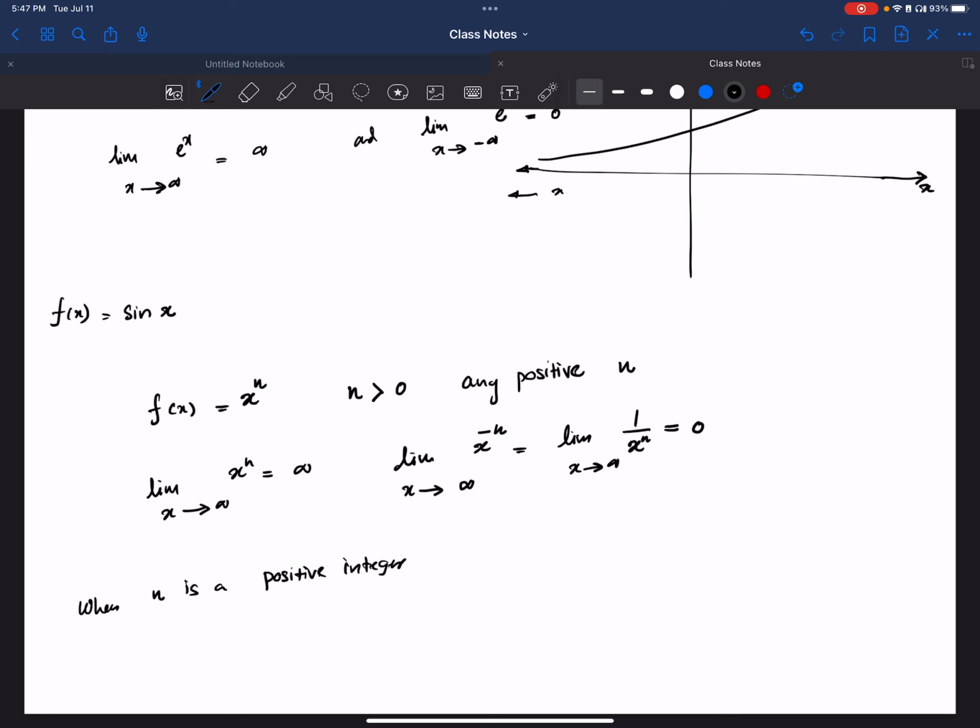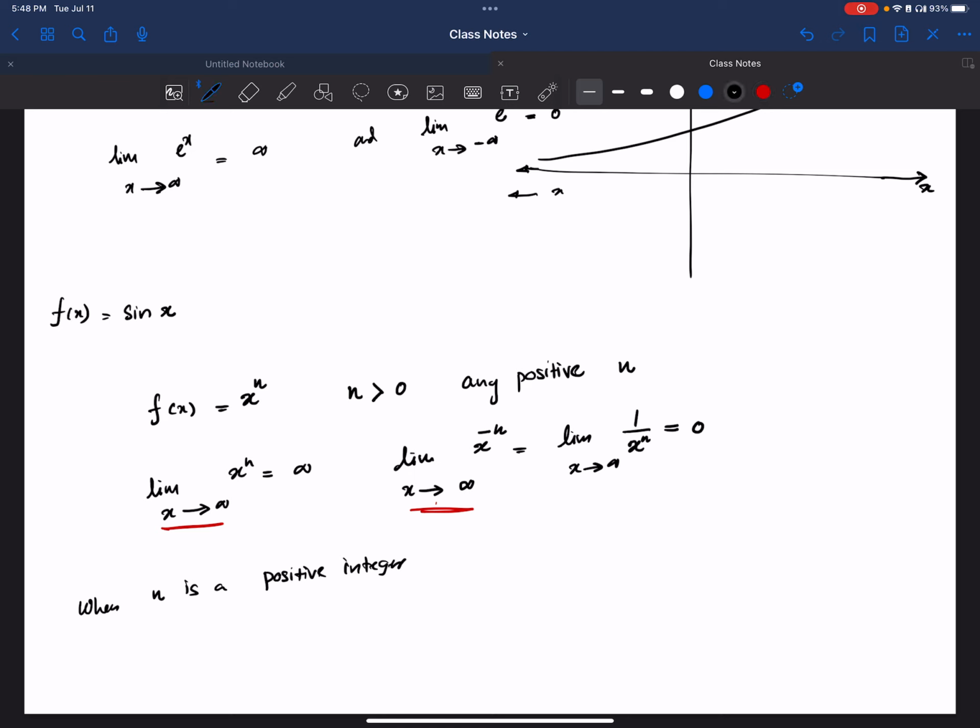For any positive number n, when x goes to positive infinity, this holds. But when x goes to negative infinity, it depends on whether the number is a positive integer or not.